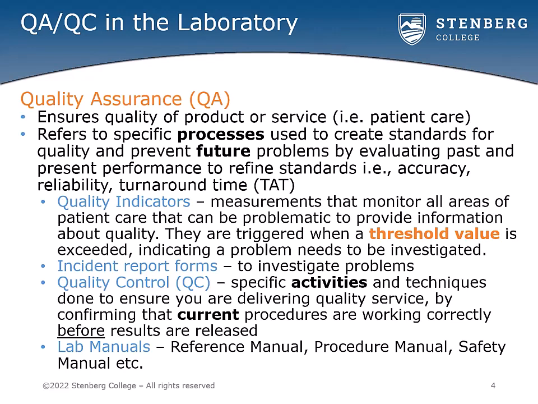QC is done to check that procedures, equipment, or reagents are working correctly before using them. And QC finds problems in the current process that result in poor patient service or lab errors, like expired tubes, fridge and freezer temps that are too high or too low, and daily controls are run on analyzers to ensure they're running correctly.